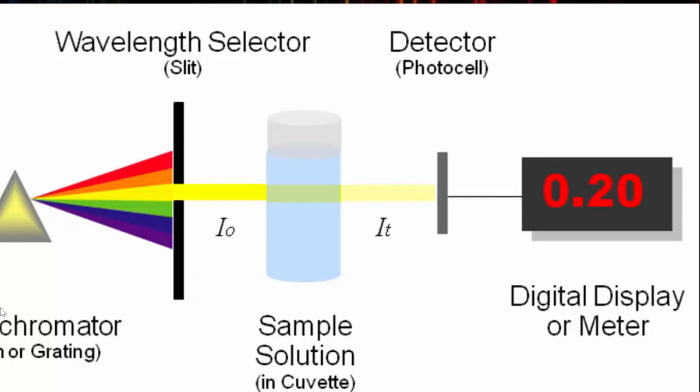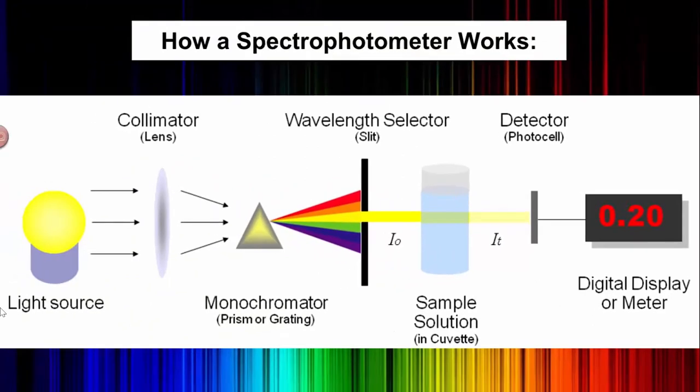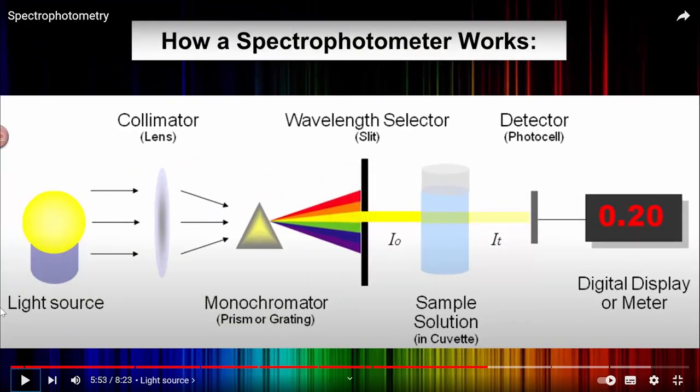A photocell is a solid-state detector that picks up how much light, and then it prints out on a digital display either absorbance, how much was taken away, or percent transmittance, how much light actually got through. So your device will let you either select transmittance and it'll report the transmittance, or you push another button to say you would like absorbance, and it'll give you absorbance. Okay? There we are.